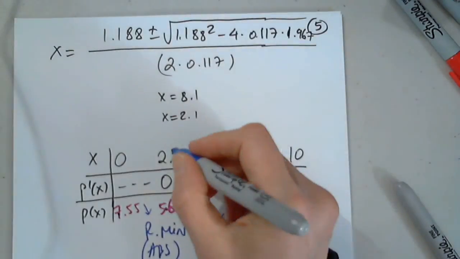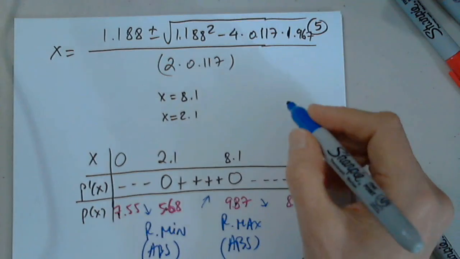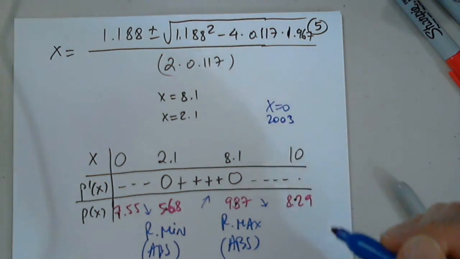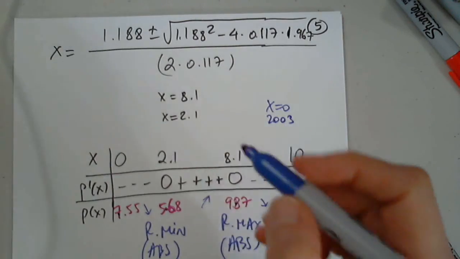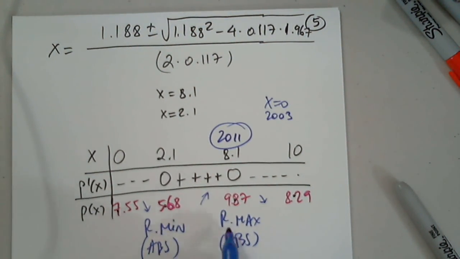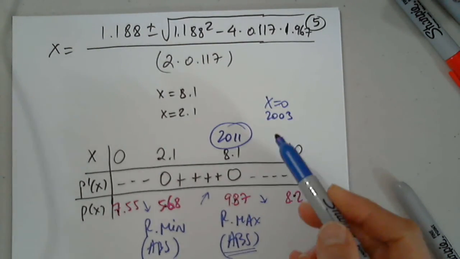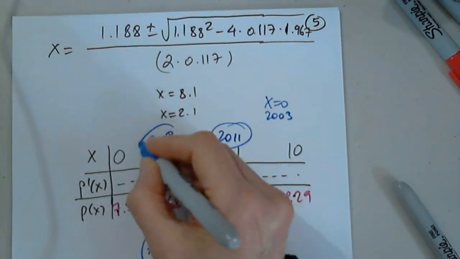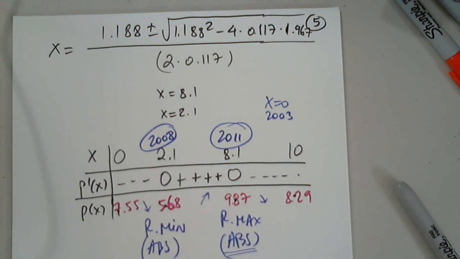So if x equals 0 represents 2003, 8 years later, in 2011, the absolute max happens. If we are asked to find the absolute min, yes, we will say that 5 years after 2003, but this is not the question. We're not asked to do that. But in 2008, we get the absolute minimum.